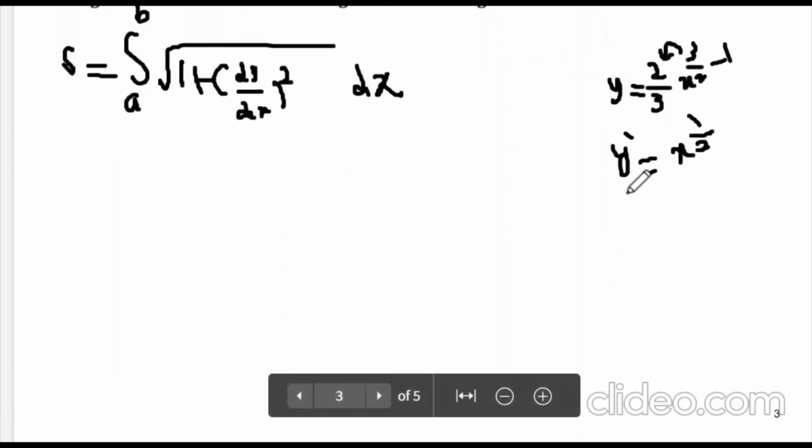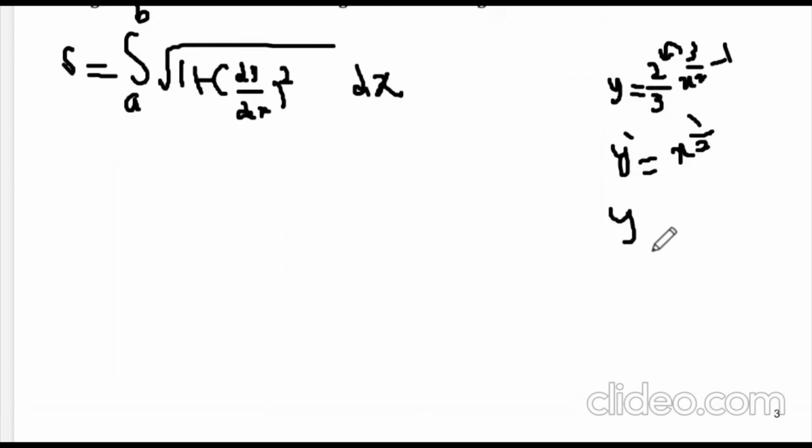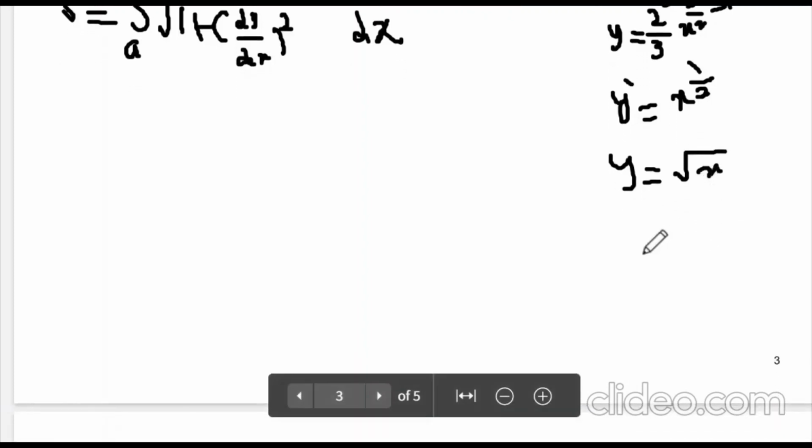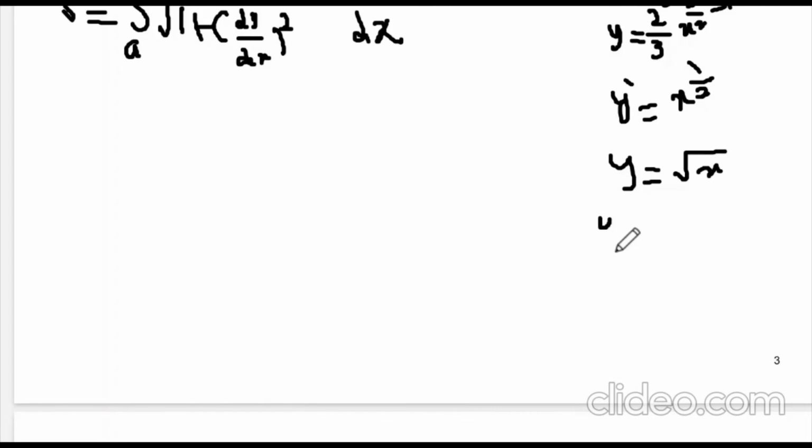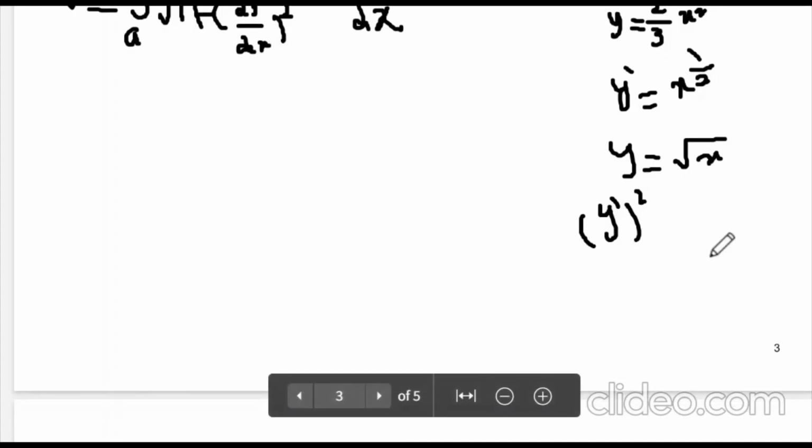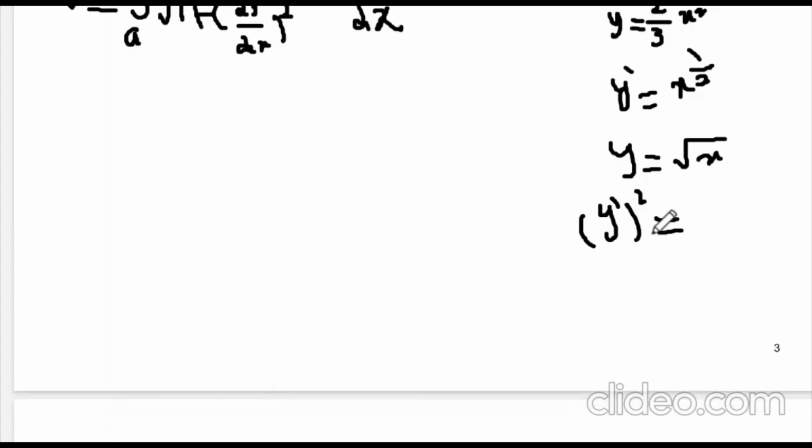Now, x to the power of half is the same as the square root of x. So I'm going to write y prime squared, as we can see here. dy over dx is the same derivative. Now, because it's squared, the square root goes out, so it's going to be x.